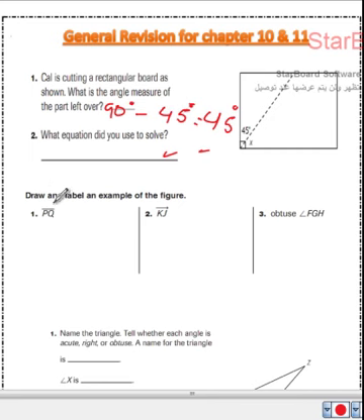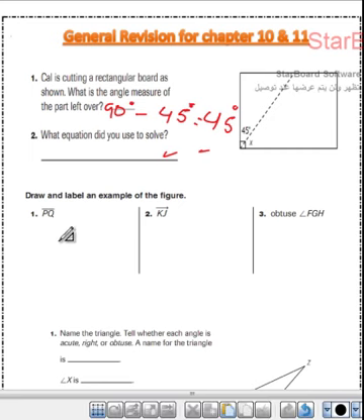Question 1 in this part. Draw and label an example of the figure. Now, all of the following questions are for chapter 10. Now, you should draw and label an example for the figure. A line segment BQ.